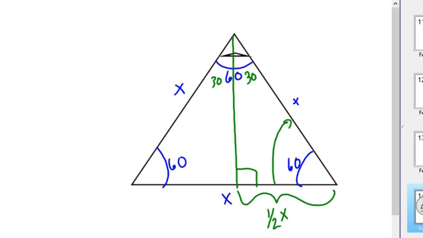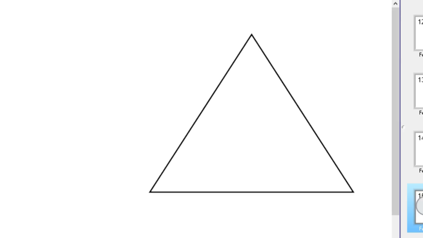And then you could use Pythagorean theorem to prove this side here. So let's do this with just a regular length first, so you can kind of get the hang of this. So there's my equilateral triangle. Let's say each side is 12.